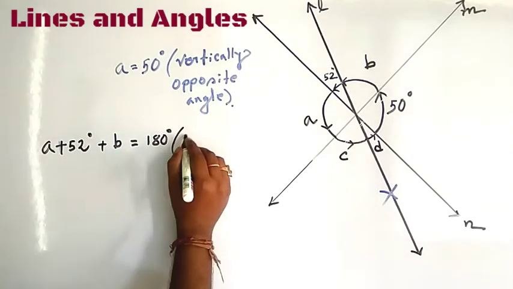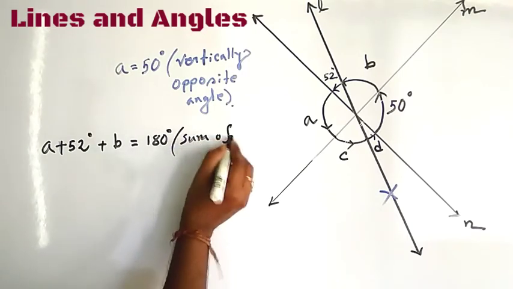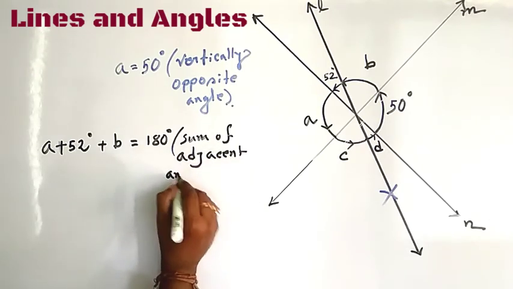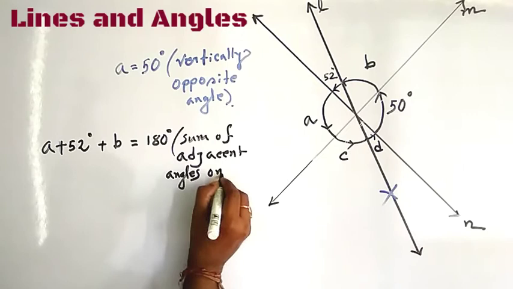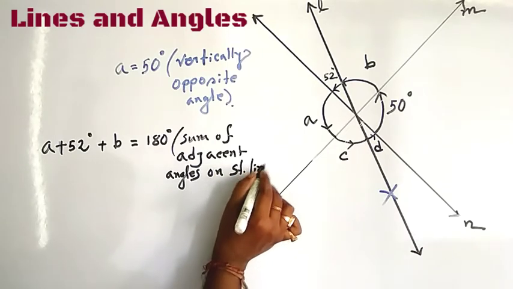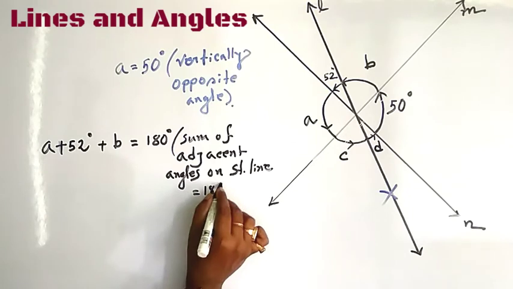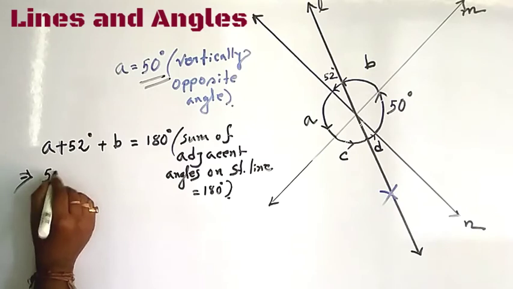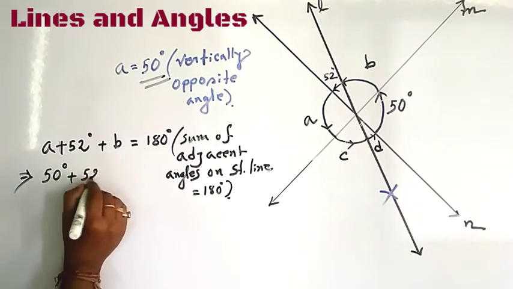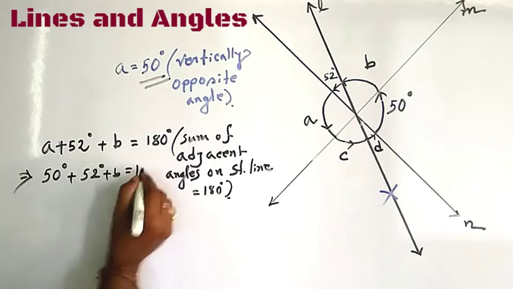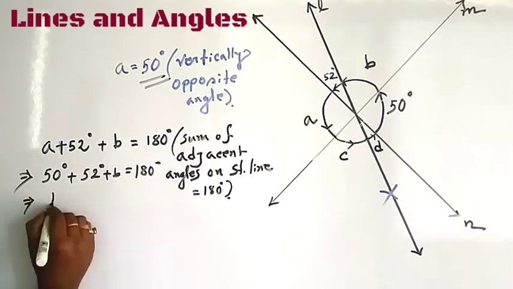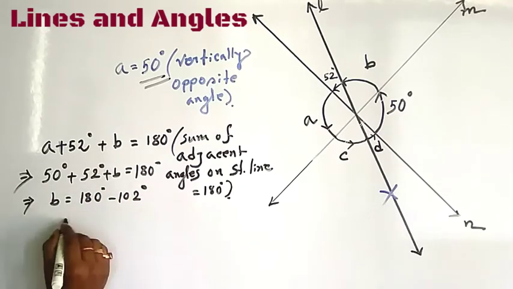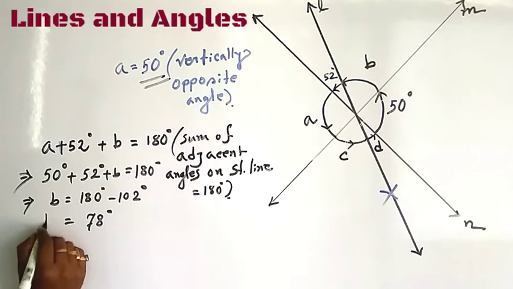We will write here sum of adjacent angles on a straight line equals 180 degree. Already we have the value of A as 50 degree. So put it here, 50 degree plus 52 degree plus B equals 180 degree. This implies B equals 180 degree minus 102 degree equals 78 degree.